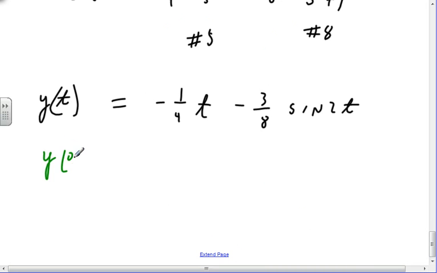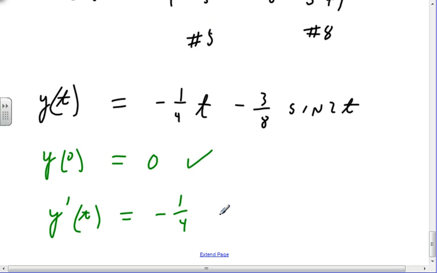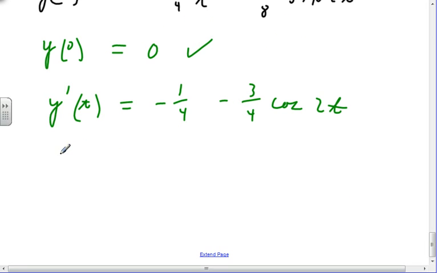Y at 0 is supposed to be 0, check. Y prime of t would be minus 1/4 minus 3/4 cosine 2t. Y prime at 0 is minus 1, check. The initial conditions work.